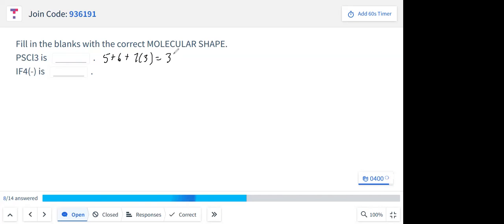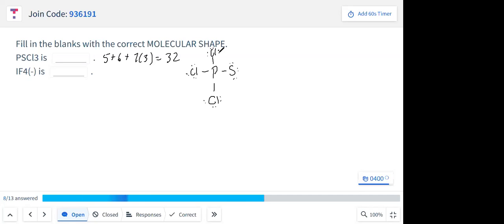That gives us a grand total of 32 electrons. So phosphorus goes in the middle because it is the least electronegative. So if I put everything around it, I get this structure here.